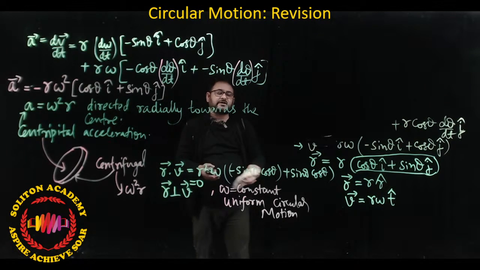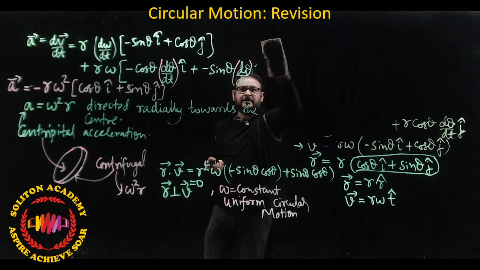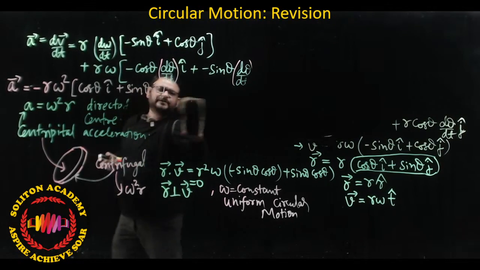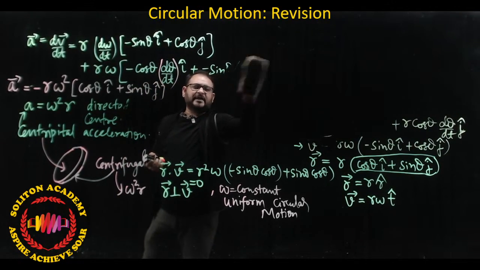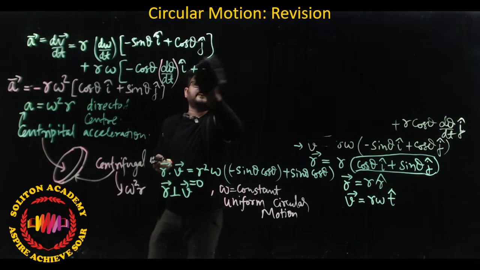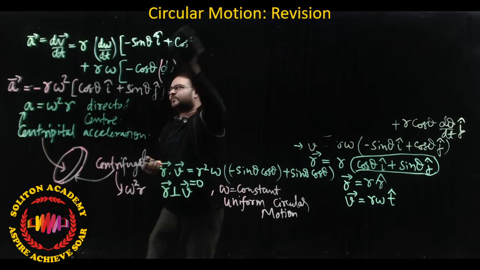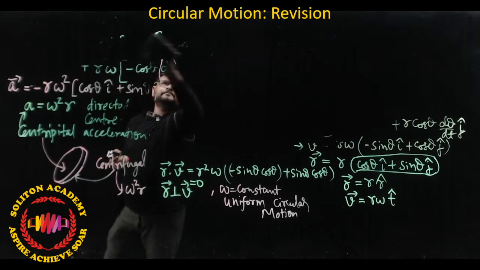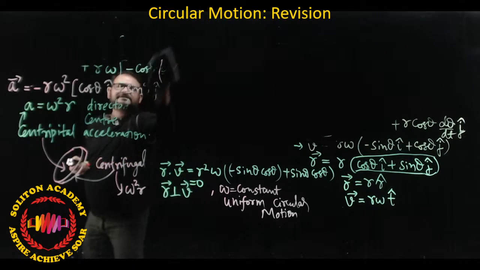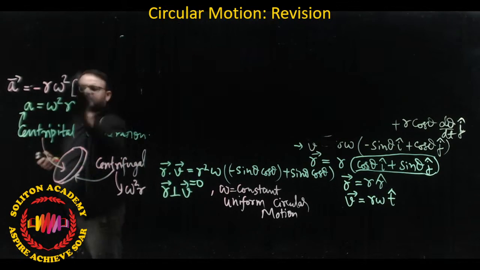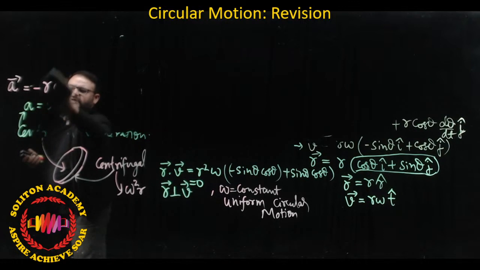So we will do circular motion with friction, and circular motion with the banking of the road and all. Let me clear the board quickly. We'll start with something easy and then we'll go in depth.